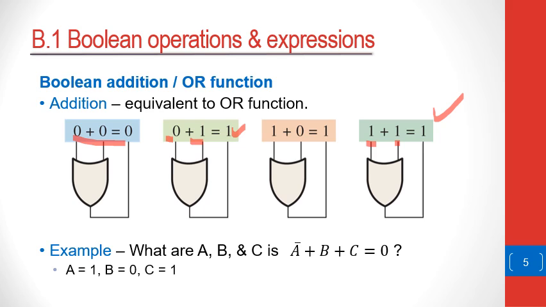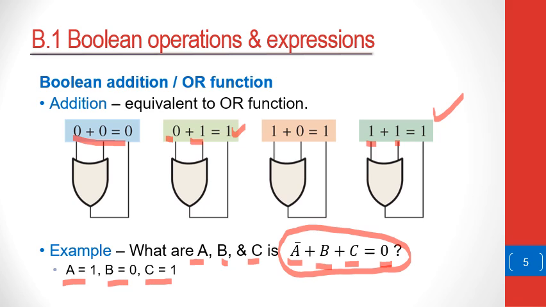So the addition, in this case for Boolean algebra, is treated as an OR function. For example, if you have a Boolean algebra equation with variables A, B, C, and you have A complement plus B plus C equal to 0, one of the cases that can satisfy this equation is when the value of A is equal to 1, B is equal to 0, and C is equal to 0.